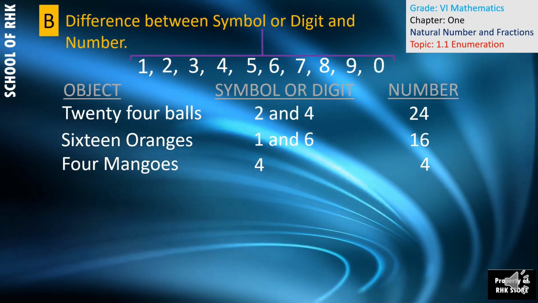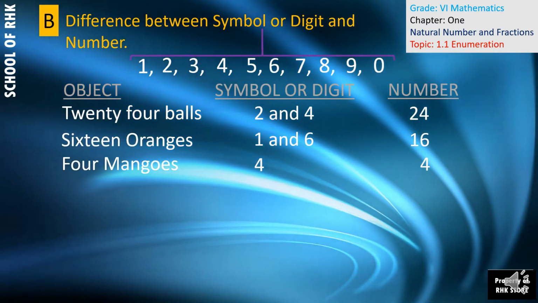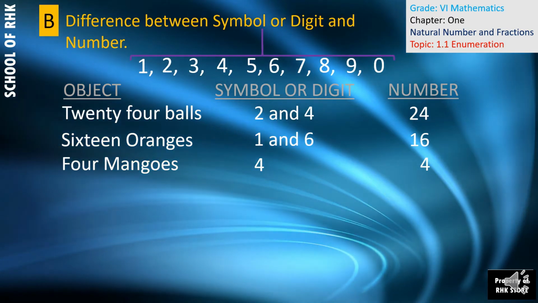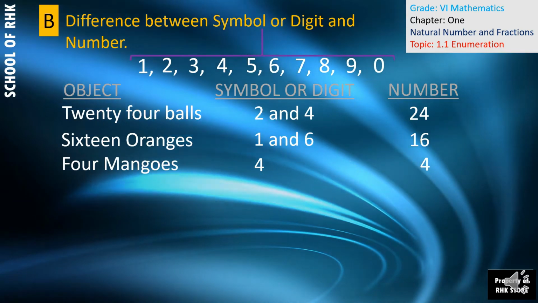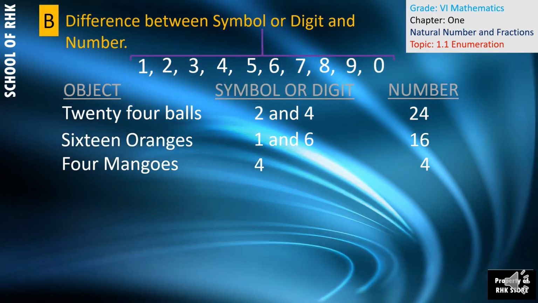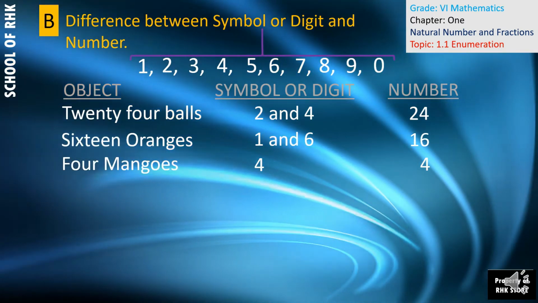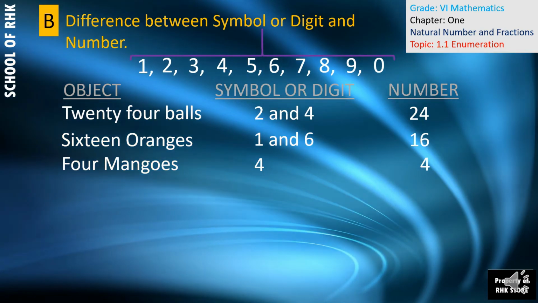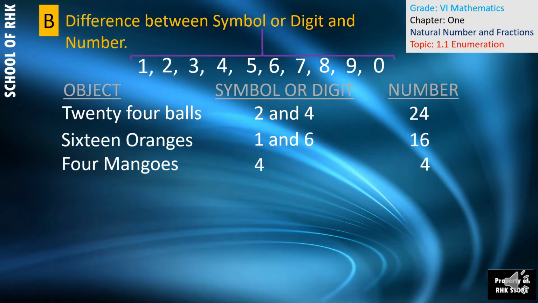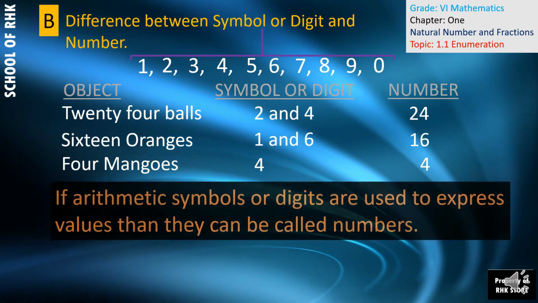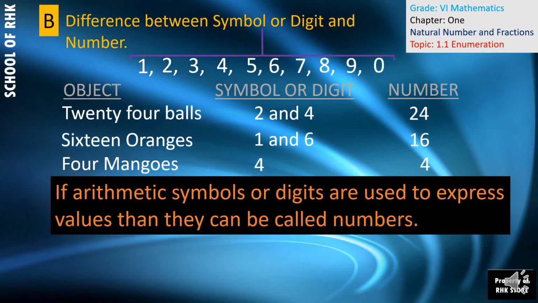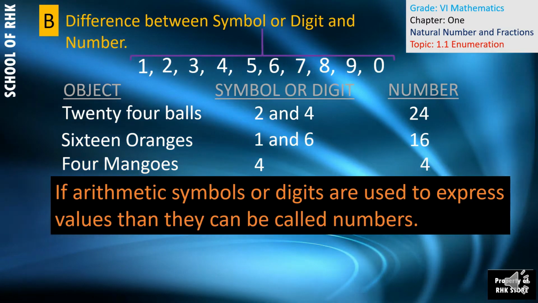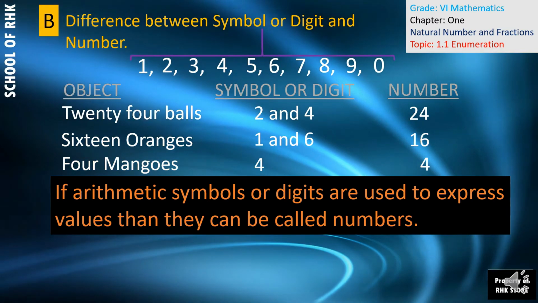Whenever we express the value of a subject or an object using a symbol or digit, it is then called a number. So, if arithmetic symbols or digits are used to express values, they can be called numbers.